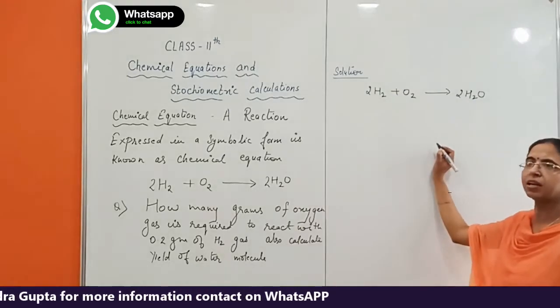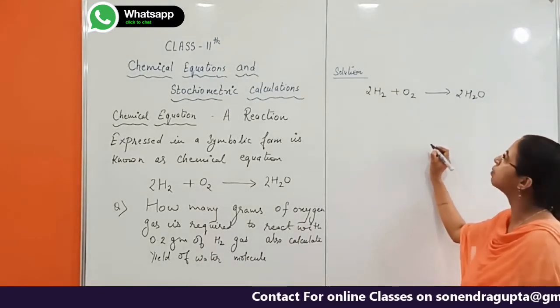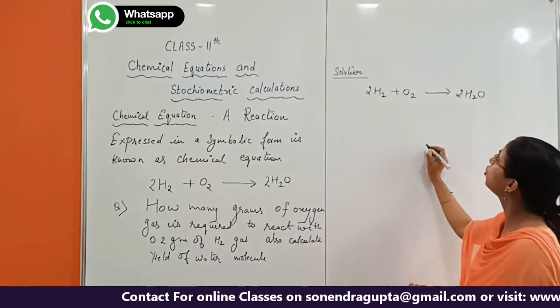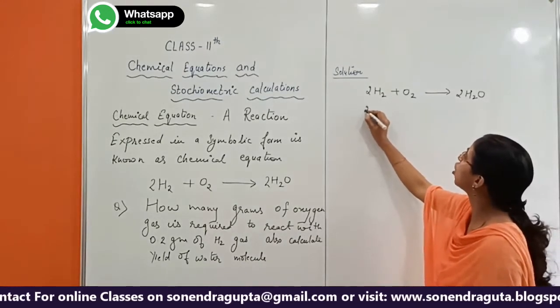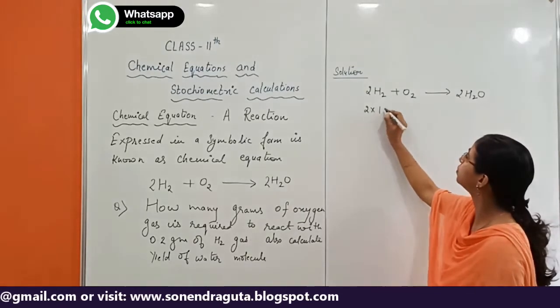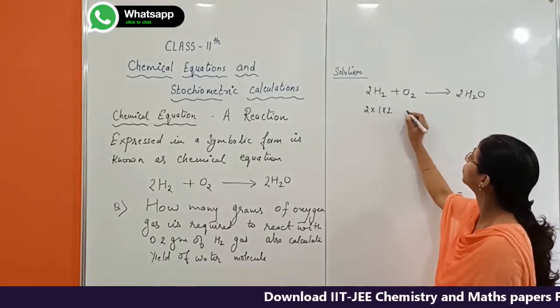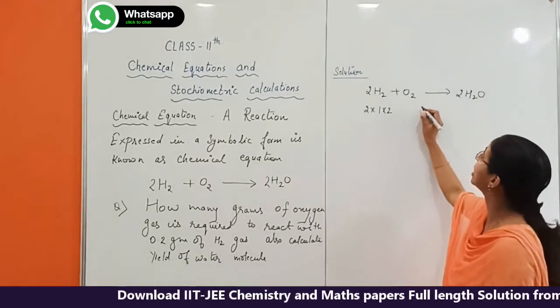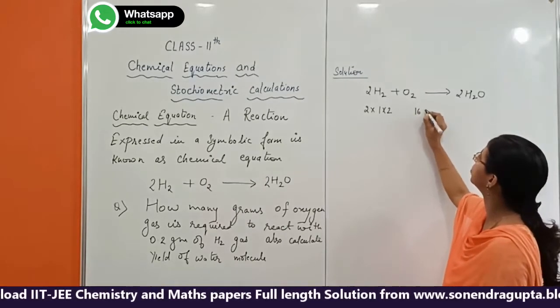In this numerical, the atomic masses of the elements are also given to you, and you know that the atomic mass of hydrogen is 1 and the atomic mass of oxygen is 16.